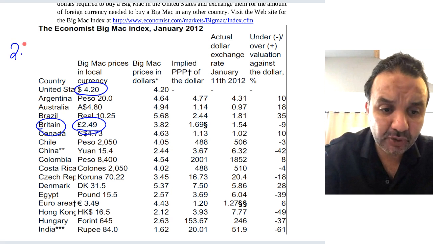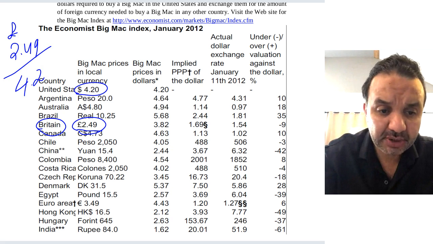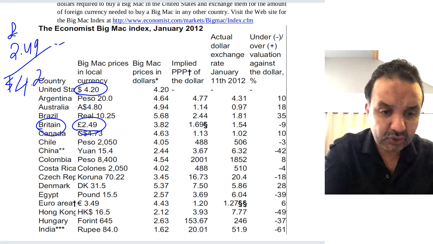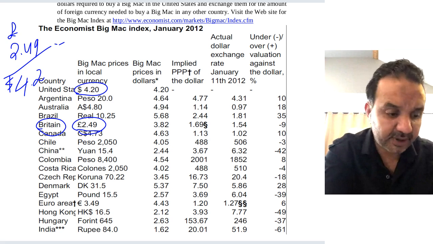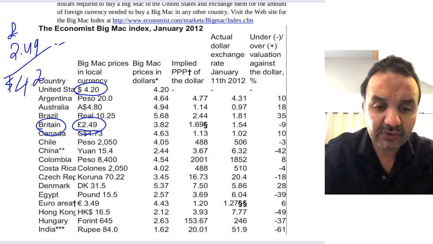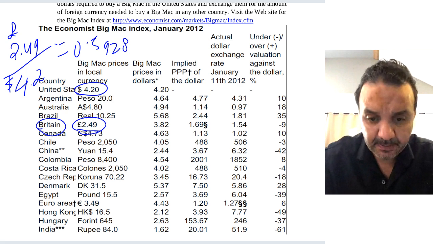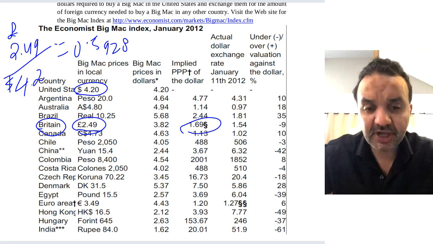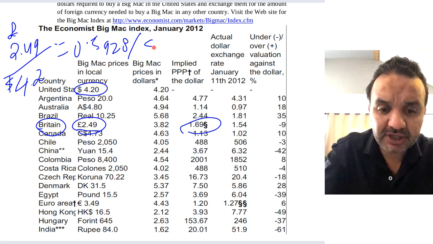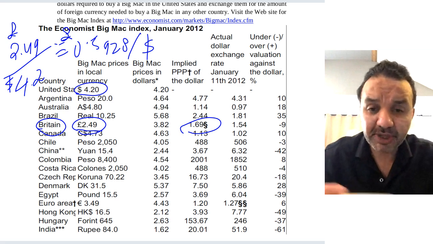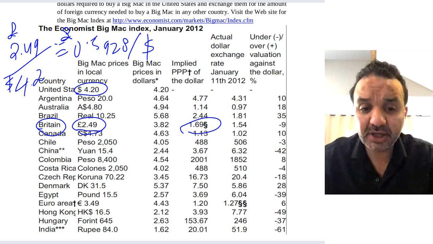Again, if you divide 2.49 British pounds by 4.20 US dollars, let's do it. 2.49 divided by 4.20 gives you 0.5928. This is the price of one US dollar in British pounds, which means that $1 should be exchanged for 0.5928 pounds.